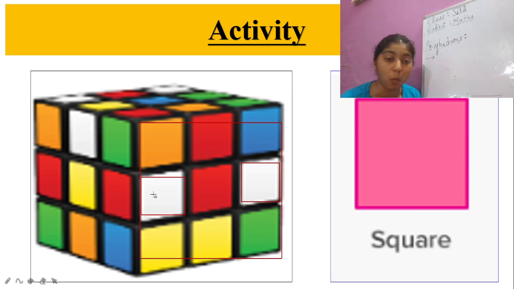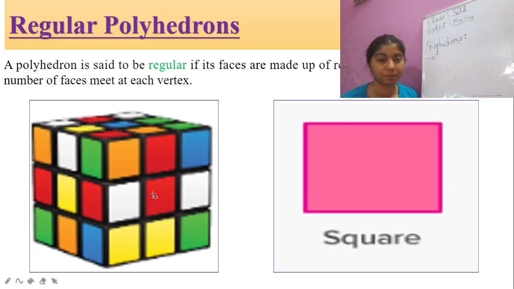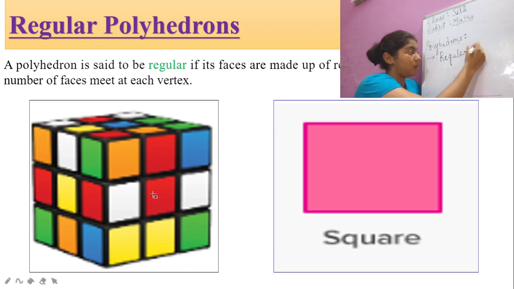So what do we call such polyhedrons which have regular faces? Let's talk about it. These are called regular polyhedrons. So this is the first type of polyhedron, which is a regular polyhedron. Right?